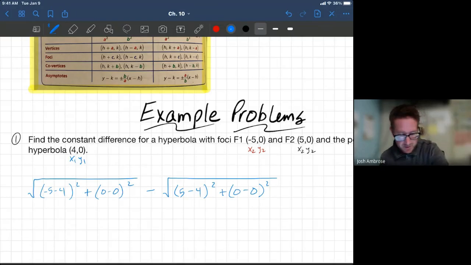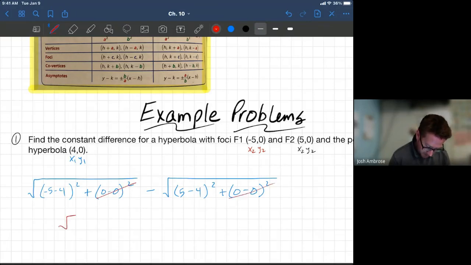Okay, so simple calculation. We're dealing with a -5 minus 4. So that's going to give you a -9. You're going to square it. You're going to get 81. We know that this part right here crosses out. We don't have to worry about that. So basically, we're dealing with the square root of 81, which is going to bring us down to 9. And then 5 minus 4 is 1. Squared is 1, and the square root of 1 is 1.